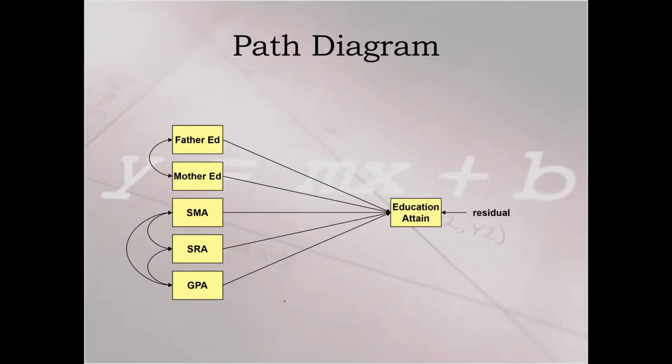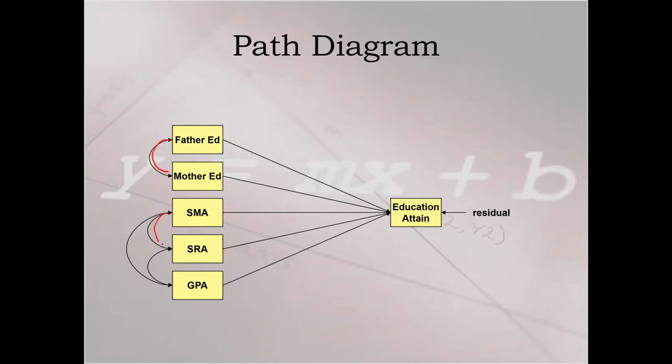So we can run the same thing by drawing a path diagram, and there are some additional things we're adding here. The first thing is when you run a path diagram, R is going to do a few things for you. There are these arrows over here. We haven't seen those before, okay? In the example that I drew here, the arrows are only connecting mother ed and father ed.